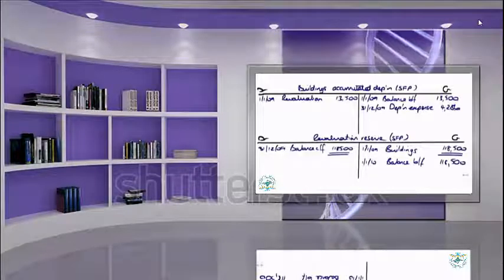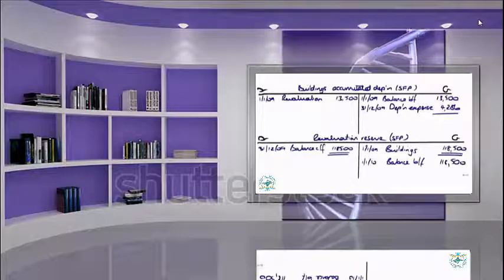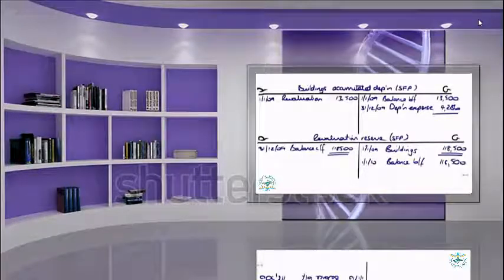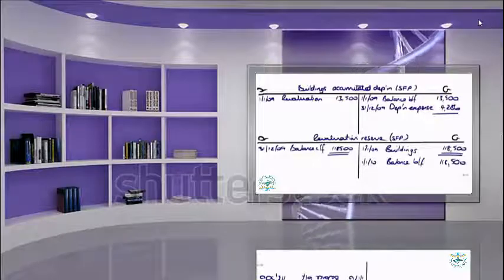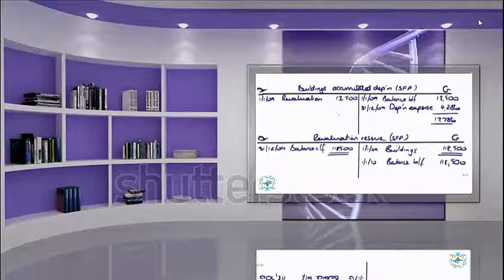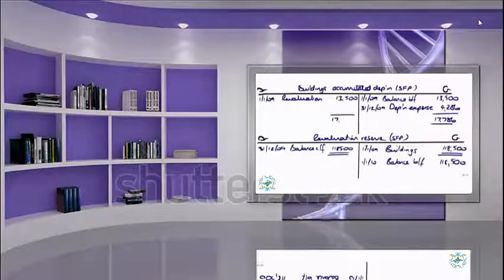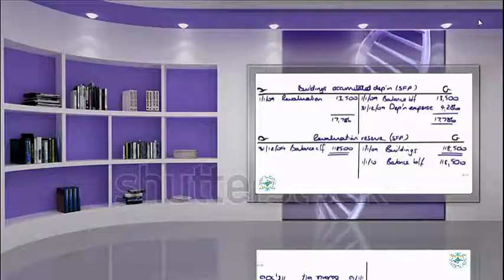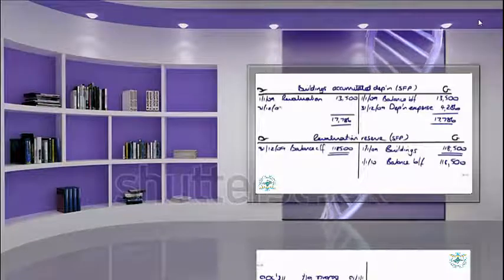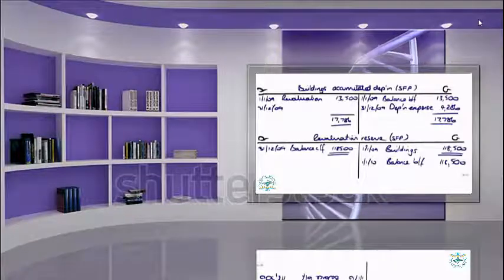Which means then when you're closing the account and balancing them off, this is the only account we haven't balanced, 17,786 is the total of the credit side, so the debit side has to equal, and then our balancing figure will be a balance carried forward.